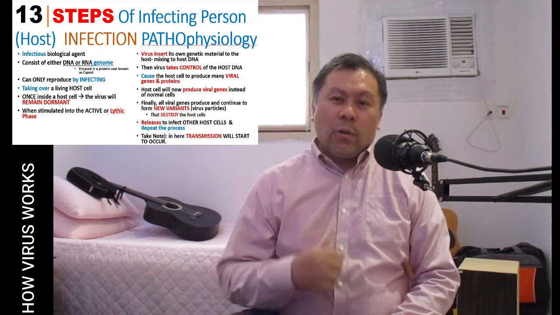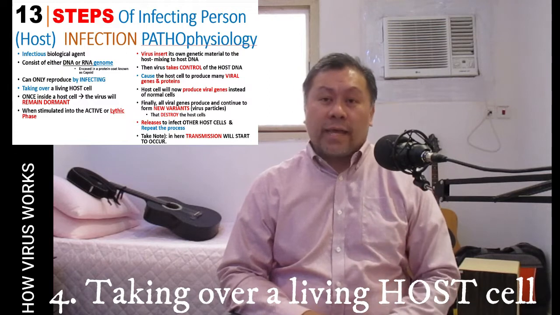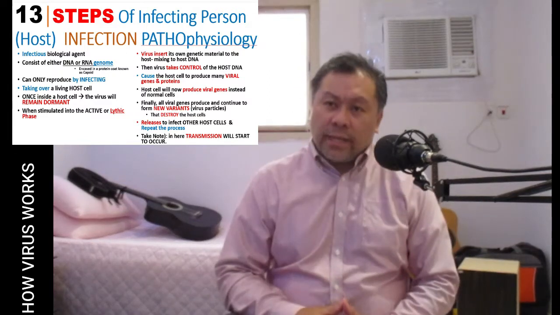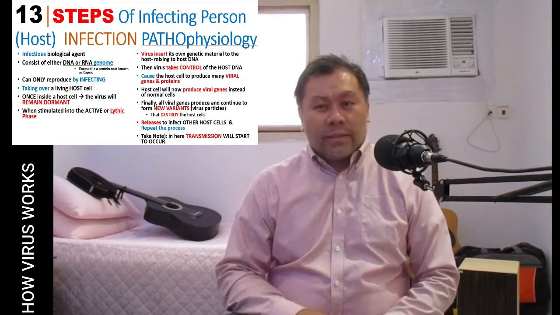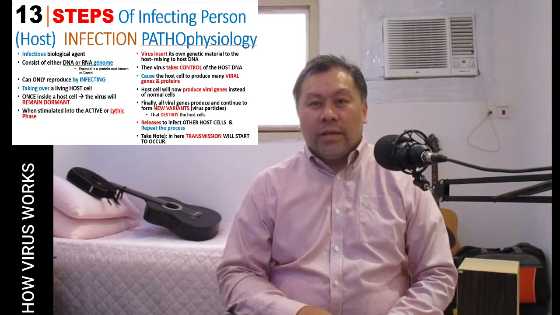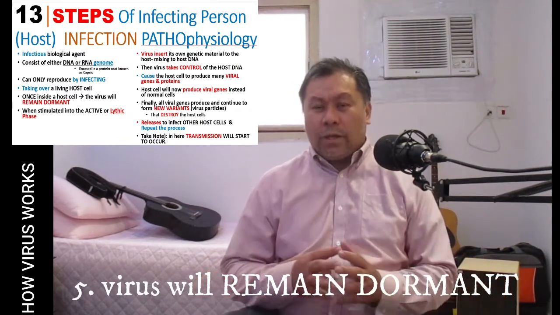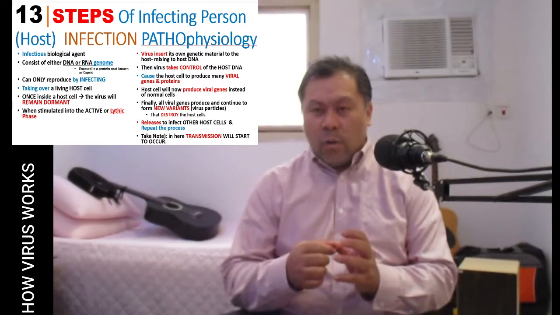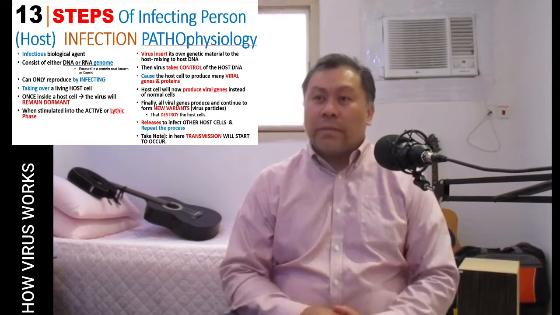Their goal is to take over a living host cell. Once inside the host cell, the virus will remain dormant or active. When stimulated into the active phase, we call that the lytic phase, when they are active inside the living cell, or once they go inside, they start to infect the cell of a human body.